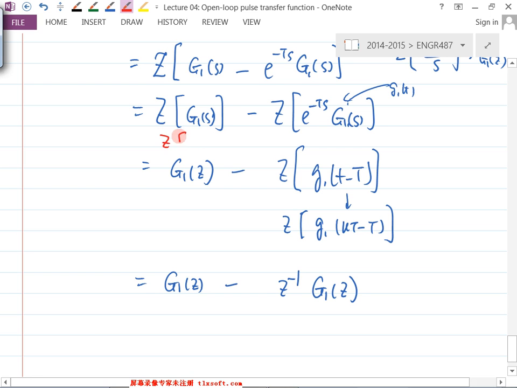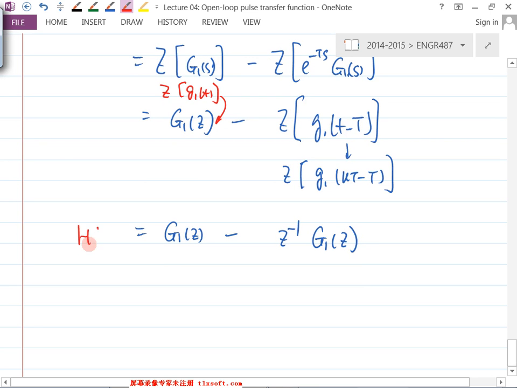This one here is Z of G1 of T, and the difference is this is a one-step delay, so you just plug in z to the power of -1. If it is 2T, it would be -2, like that. So now this is your h of z.